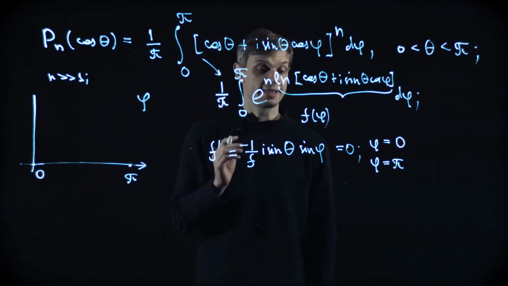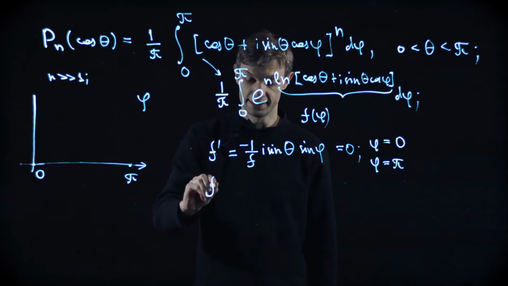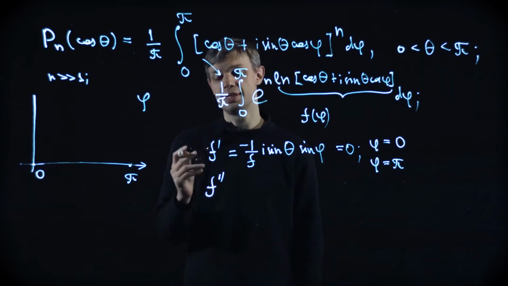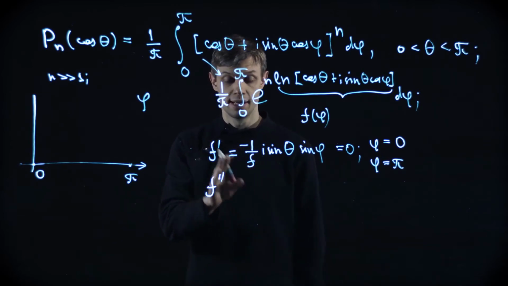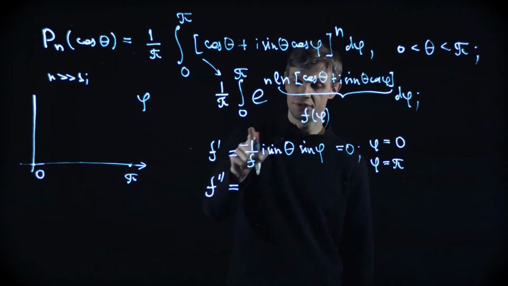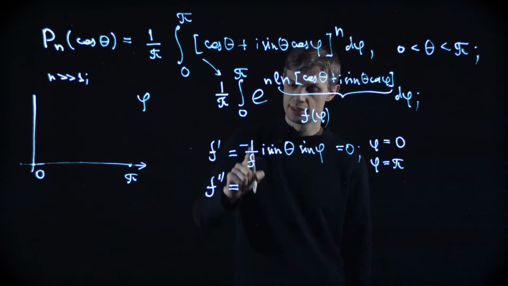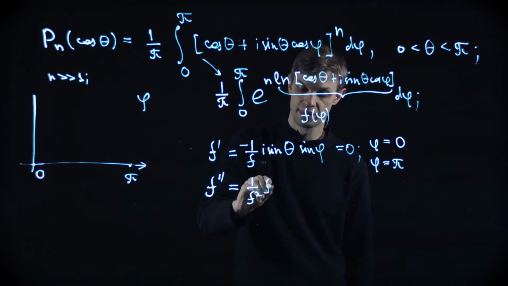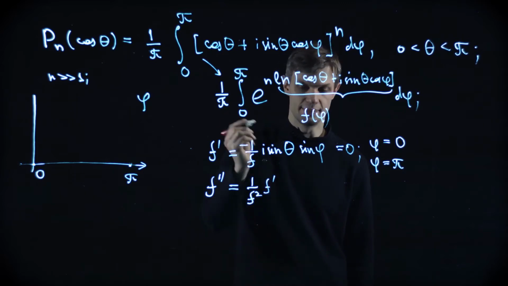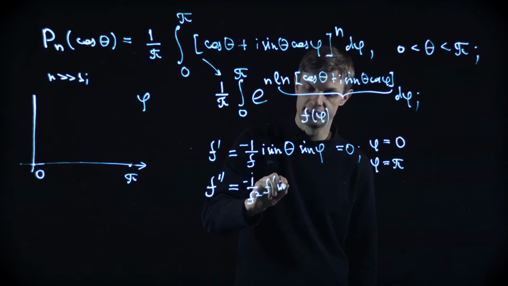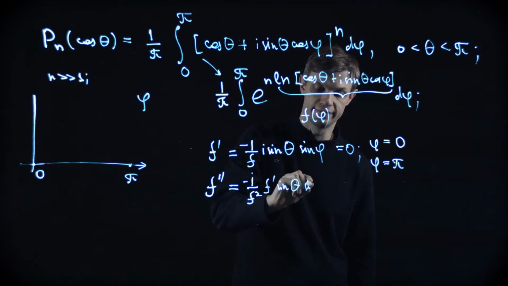Right, so let's compute the second derivative. We'll need the second derivative just at the saddles, so keep this in mind. We differentiate this thing once more. 1 over f will give us 1 over f squared times f prime times minus i sine theta and sine phi.